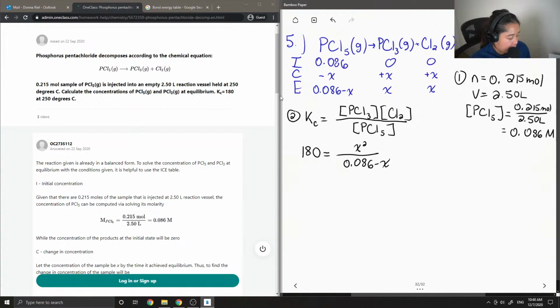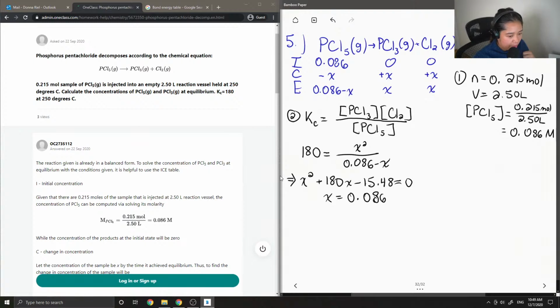Okay, so now we can rewrite this as a quadratic, and if we use the quadratic formula or a quadratic formula calculator on the internet, we can get x is equal to 0.086.